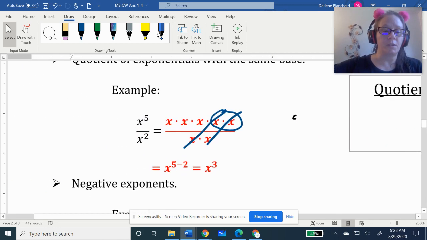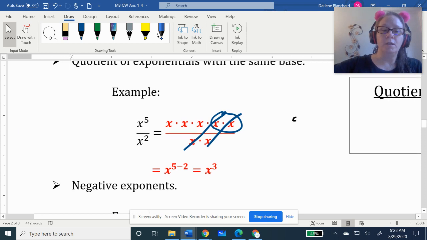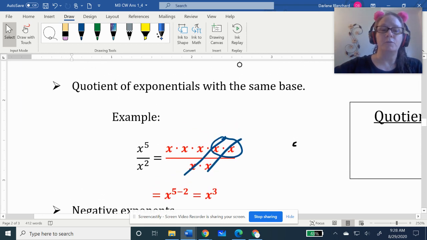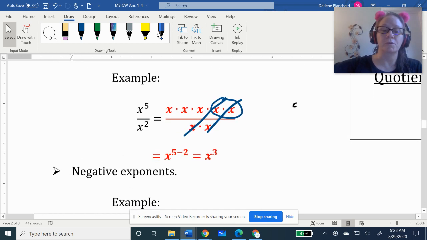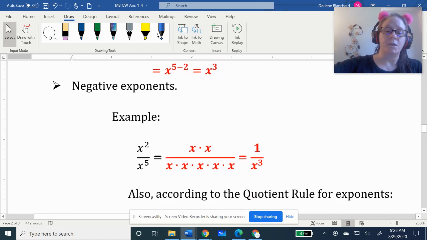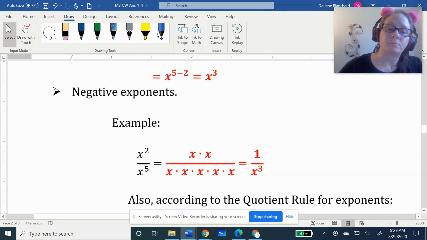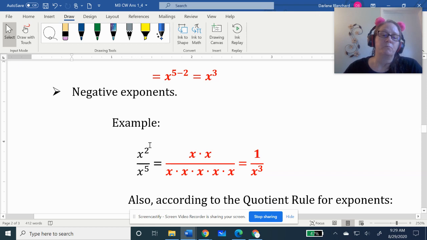Now, negative exponents. To understand negative exponents, we have to use the quotient rule that we just looked at. So the example I'm using is this one. Let's say I had x squared in the numerator and x to the 5th in the denominator.